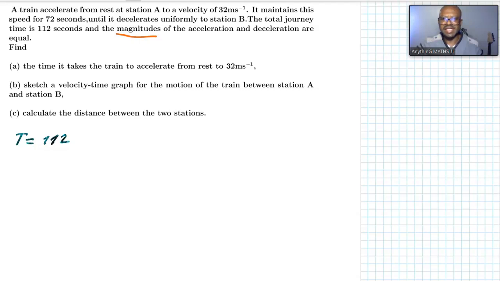So let's represent that also with small t, so 72 seconds. What we're going to do is find the difference between these two quantities in time. So T minus small t will be 112 minus 72, and that will give us 40, I reckon.